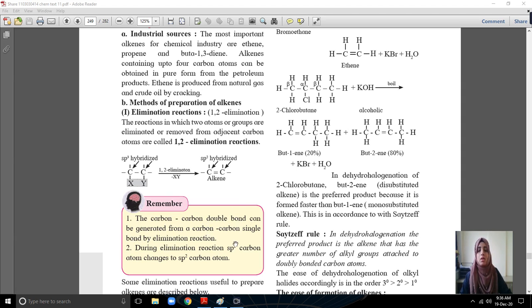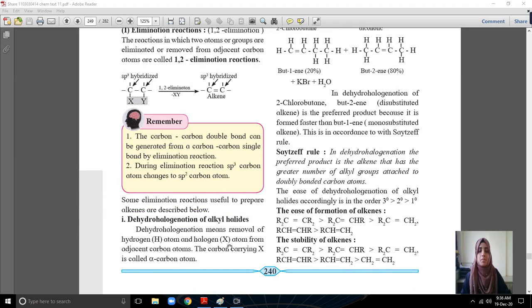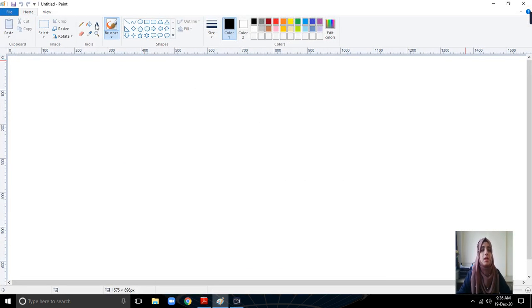Alpha beta elimination. See, what is alpha carbon and what is beta carbon? I will show you.